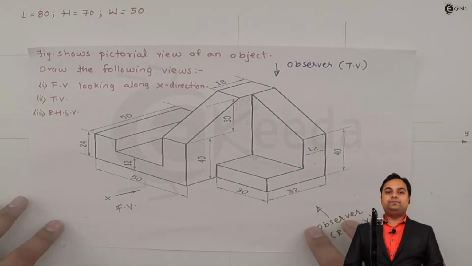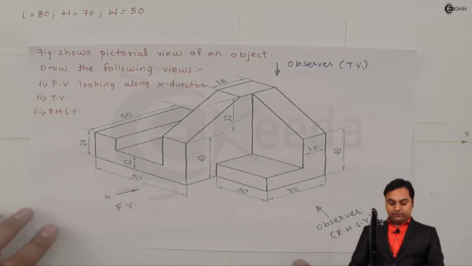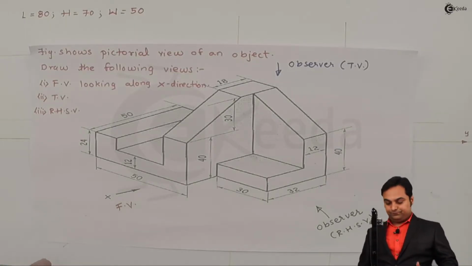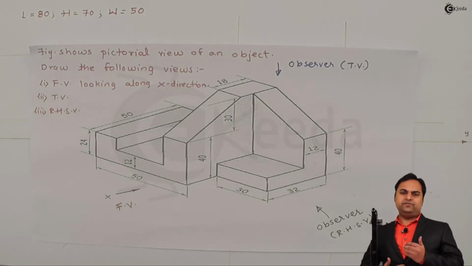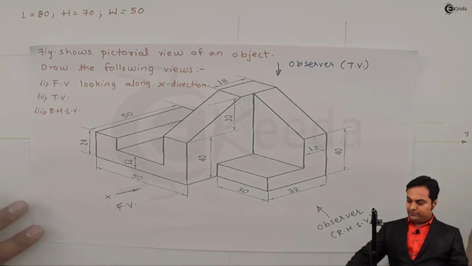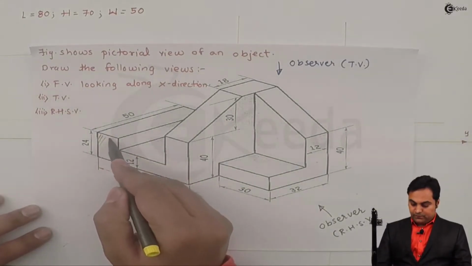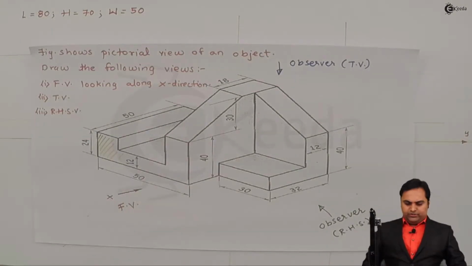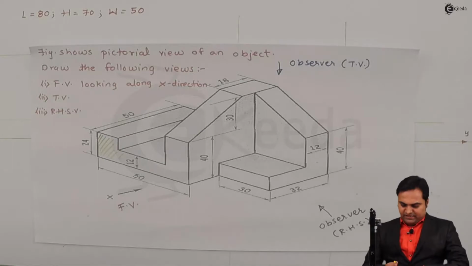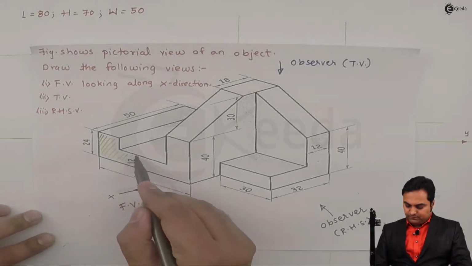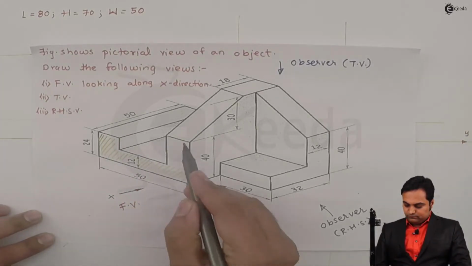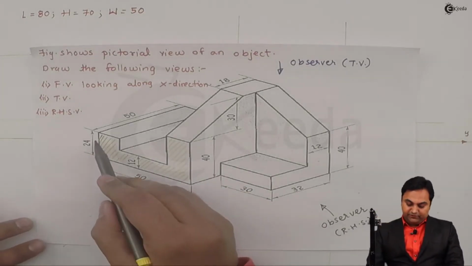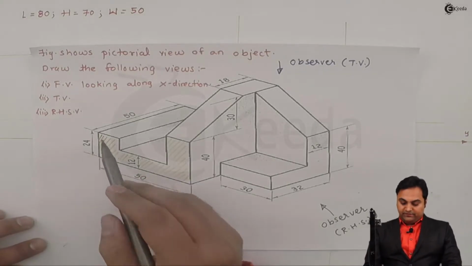Now for the front view, we are as an observer along X direction. Now if we look from front, we have to draw those things first which are closer to us. So when I am looking from the front, the surface which I am shading will be visible first, and it is having a height of 24 mm as we see here from the left hand side.